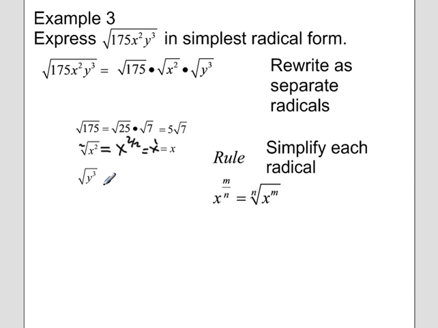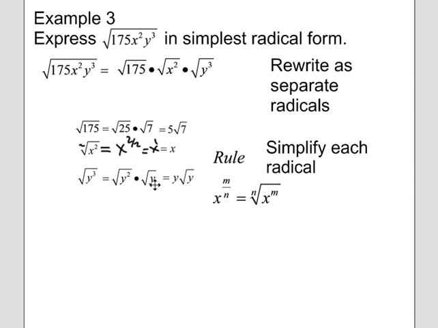Okay, now we're going to simplify radical y to the third. So go back to example 2. How do you simplify this expression here? Well, factor out the largest even power of the radicand. That would be y squared. And then radical y squared is just going to give you y.